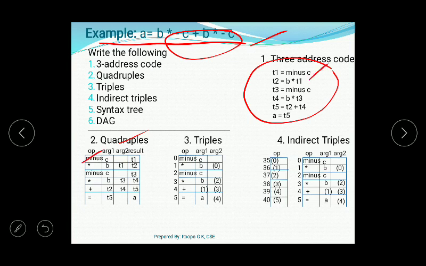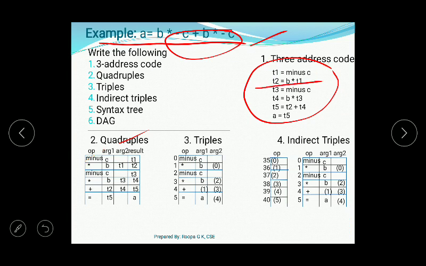Argument 1 is C. Is there any other argument? No. So just blank. What is the result? Where is the result stored? It is in T1. That's over. T1 is equal to minus of C is over. Result is T1. Argument 2 is null. We have only one argument. Argument 1 is C. Then operator is minus.